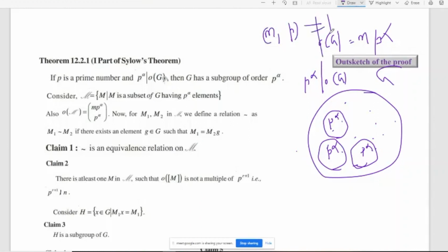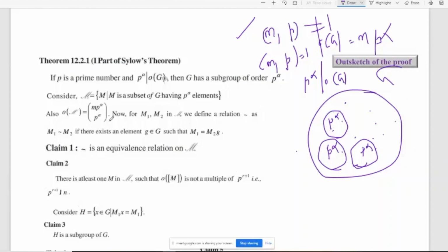If they are not relatively prime, then by just looking at the order of G as m p^α, we cannot come to a conclusion that there can only be m such p^α subsets. So that we cannot conclude. This is the first case that we will consider, and in the remark, we will be discussing what will happen when m and p are relatively prime.